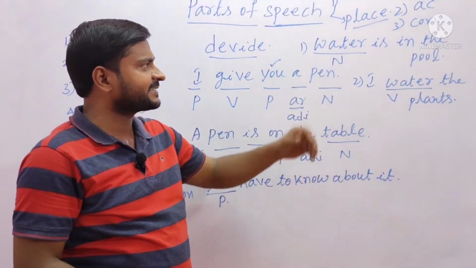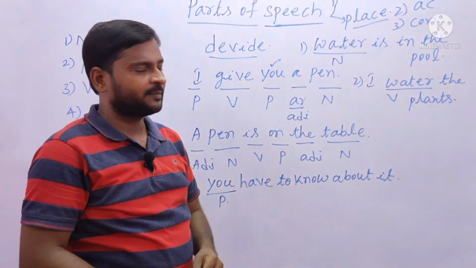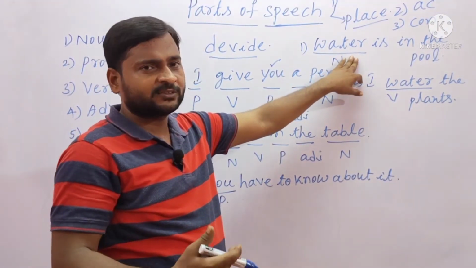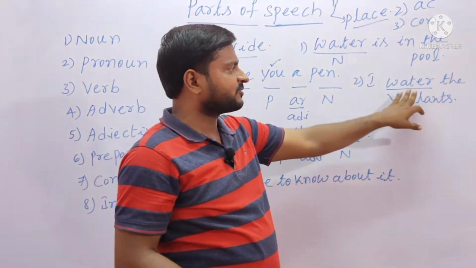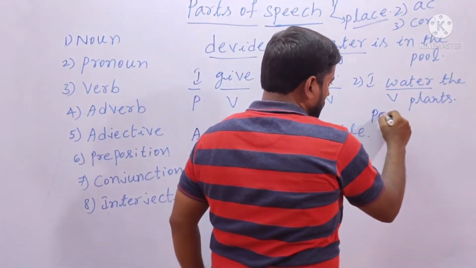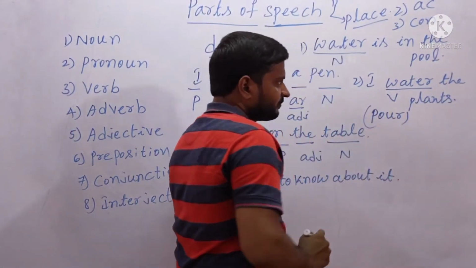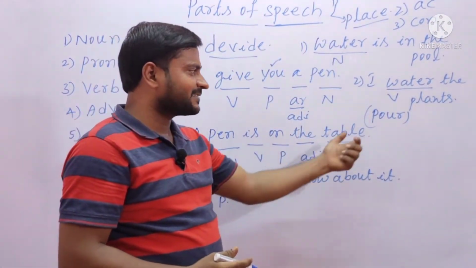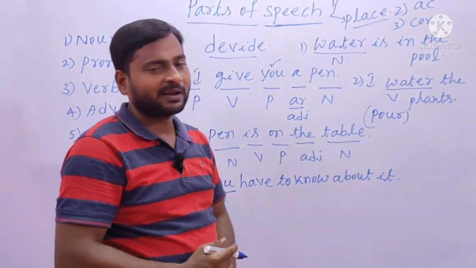Here in this case, the actual meaning will be the drinking water. But contextual meaning, water means pour, P-O-U-R. I water the plants means I pour water to the plants.